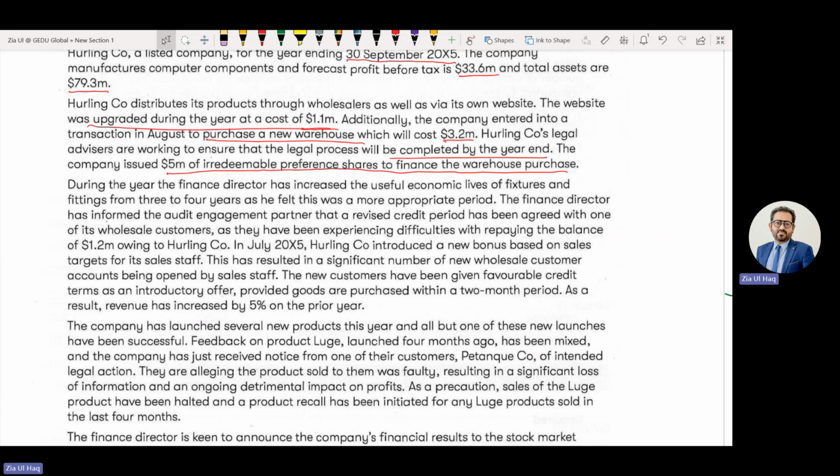Redeemable, we need to record under non-current liability, but irredeemable under the head equity. This we can write down.